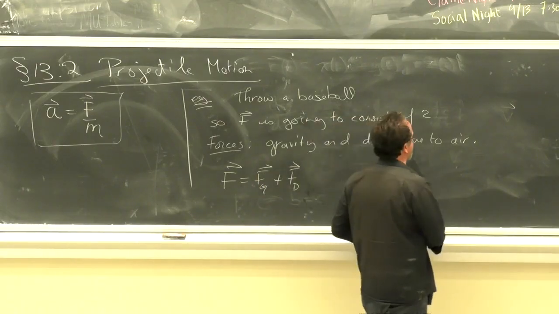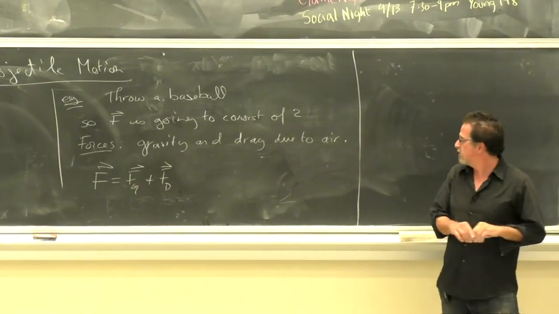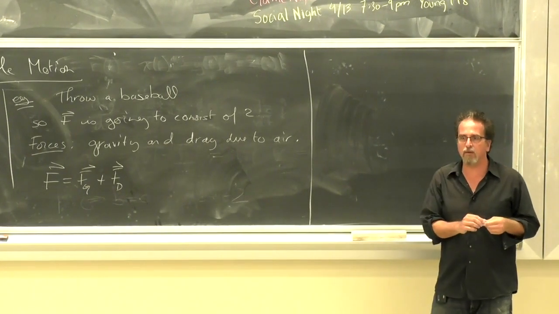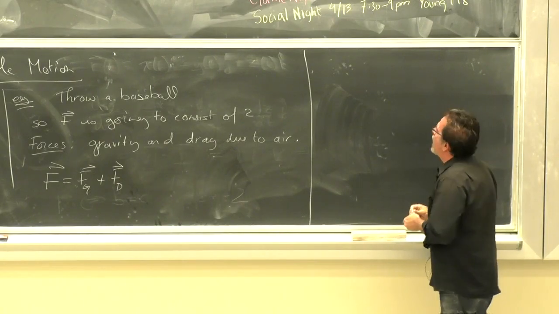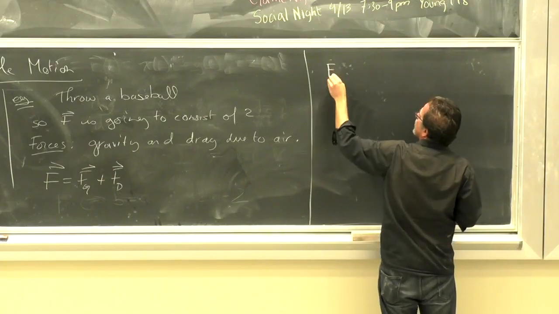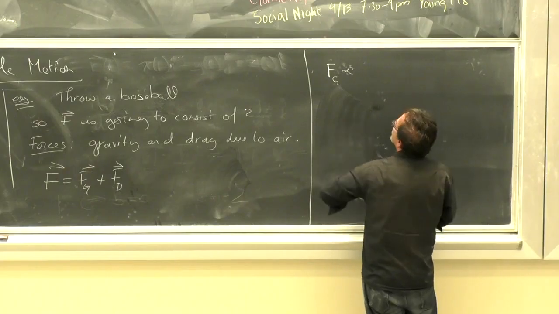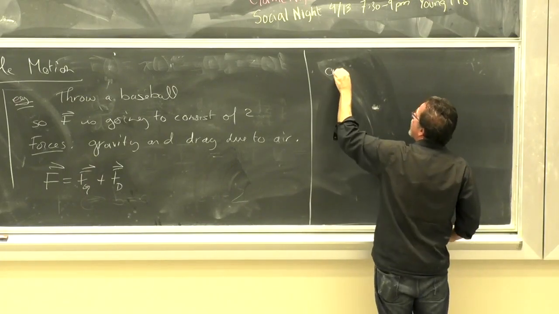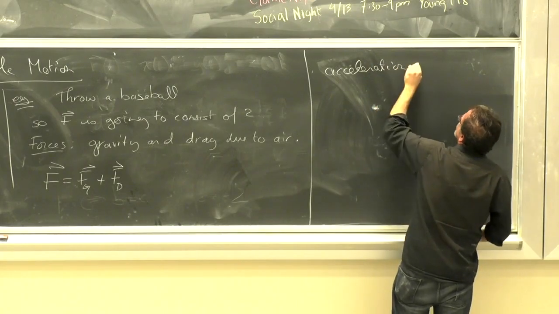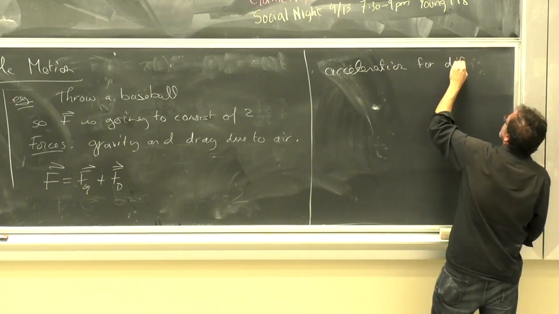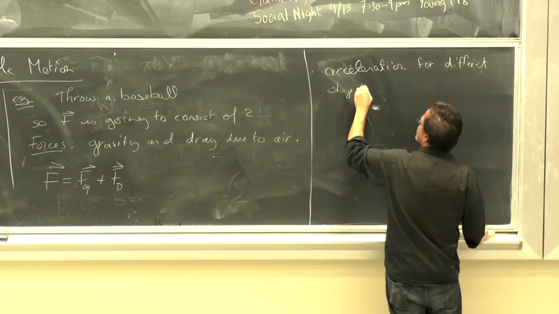And I want to look at each of these separately. Galileo gave us Fg. Galileo's great insight was to recognize that the acceleration for different objects is the same.